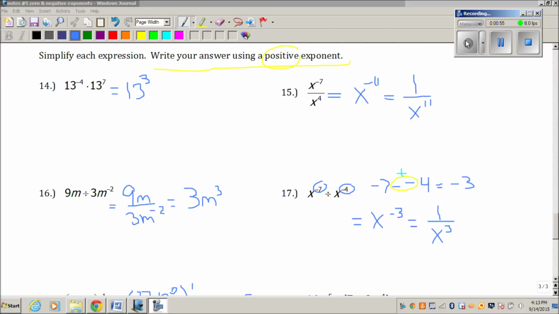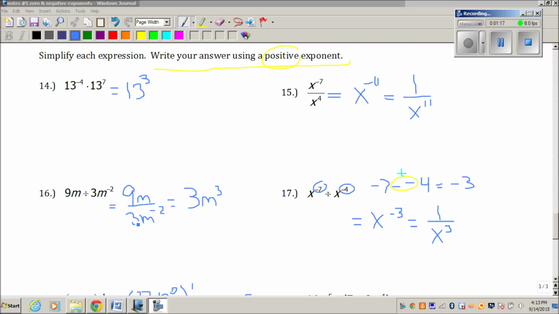Okay, so please go ahead and check your answers now. And I did show my work. Especially check, for example, number 15. If you end up with an answer that says x to the negative 11 power, you want to rewrite that as 1 over x to the 11th. In number 16, I rewrote the problem so it's vertical.